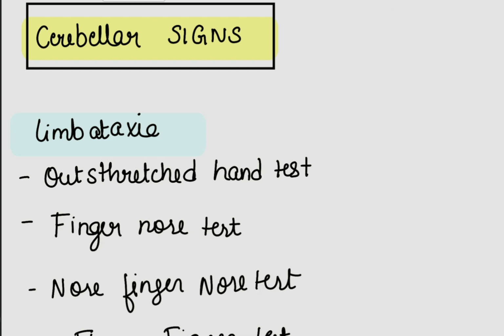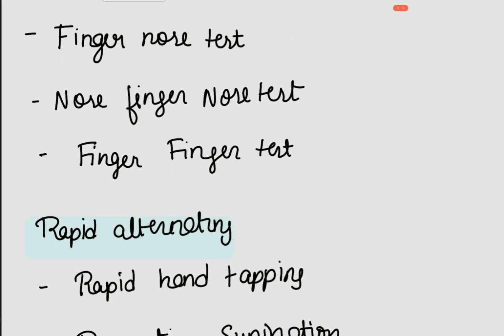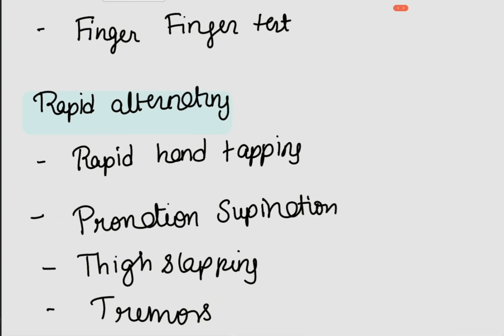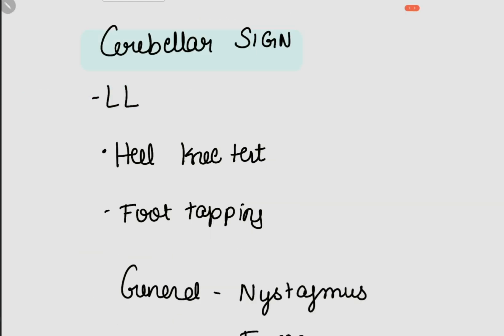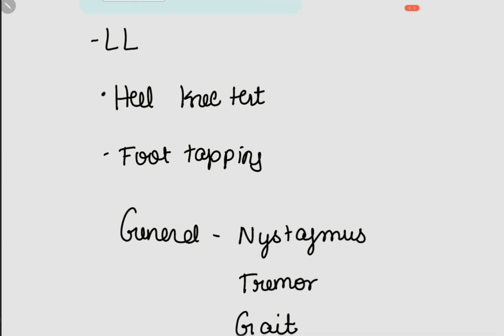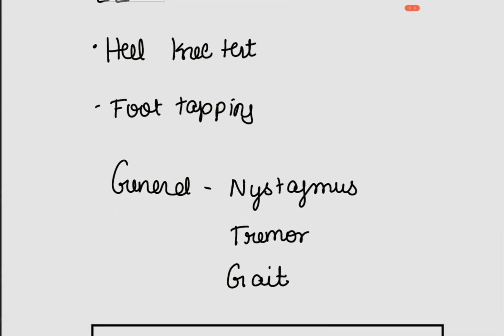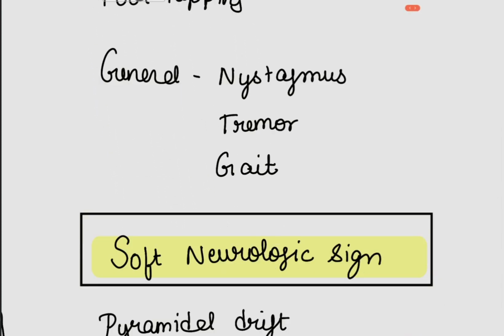We do tests like outstretched hand test, finger nose test, nose finger nose test, rapid alternating movements, dysdiadochokinesia, such as pronation supination, thigh slapping, tremors. Then in the lower limb, we look for heel knee test, foot tapping, in general nystagmus, tremors, gait.